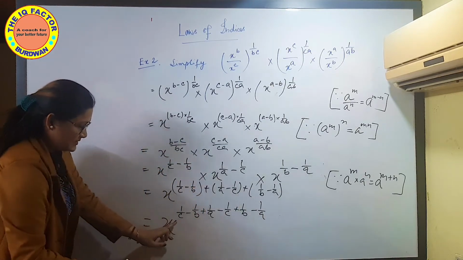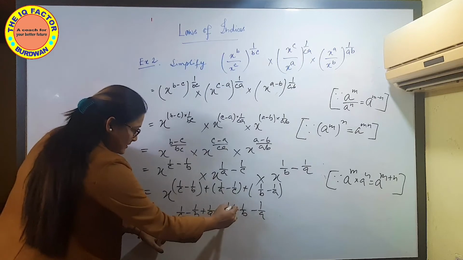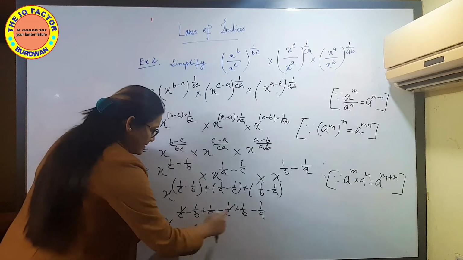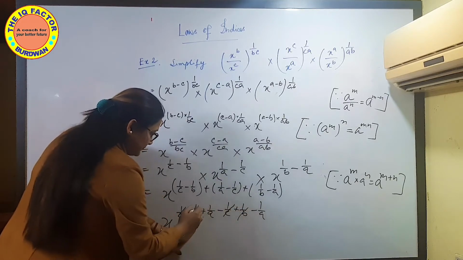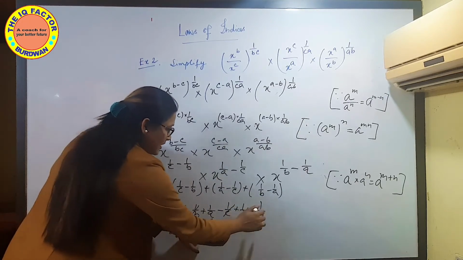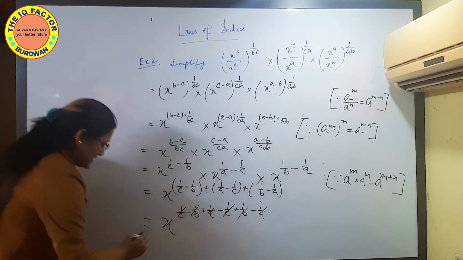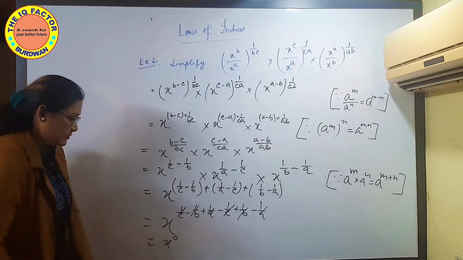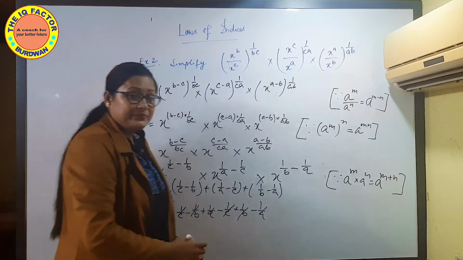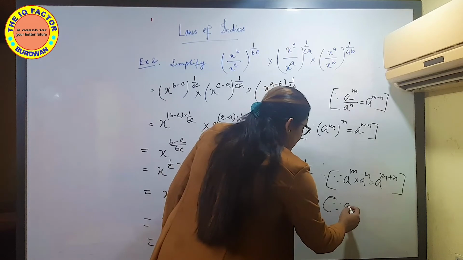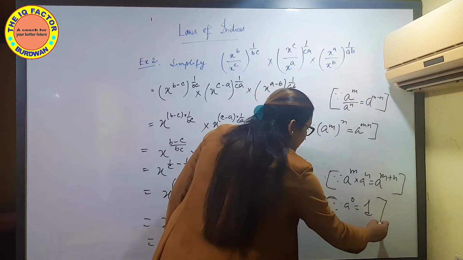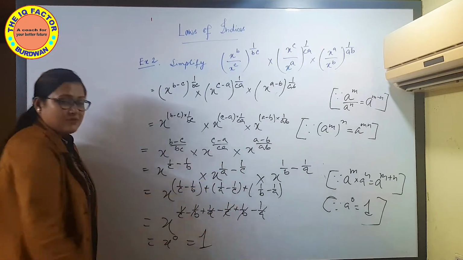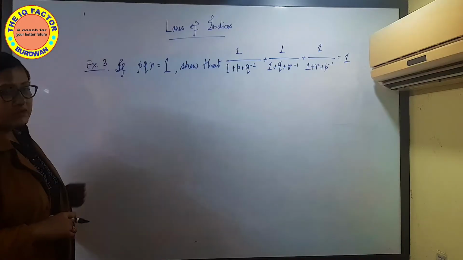See, 1 by c minus 1 by c, minus 1 by b plus 1 by b, plus 1 by a minus 1 by a. So here it is nothing but x to the power 0. And what is a to the power 0? You all know it is 1. So the answer is 1.